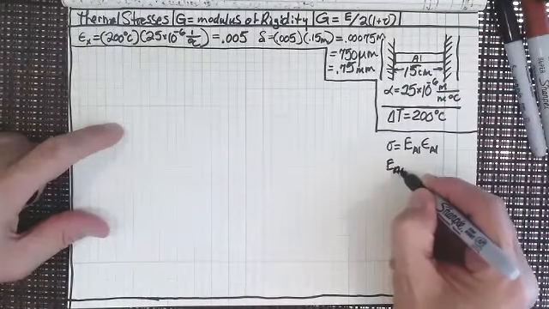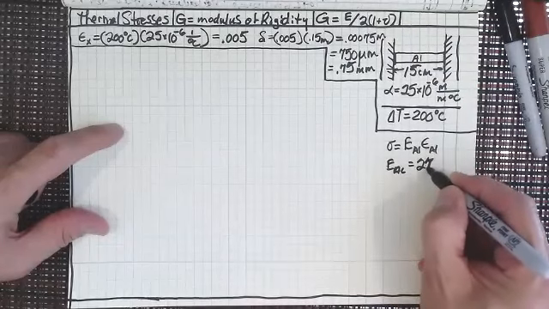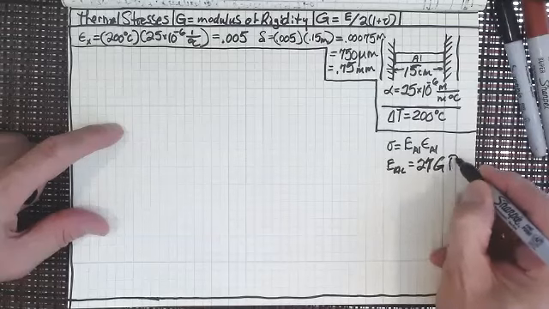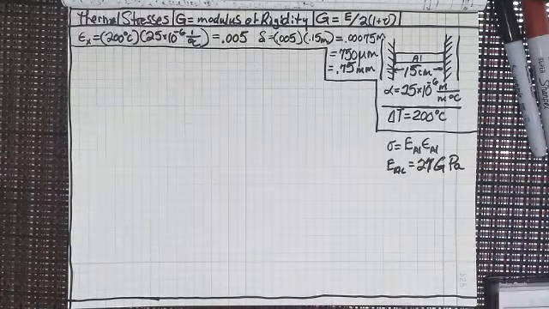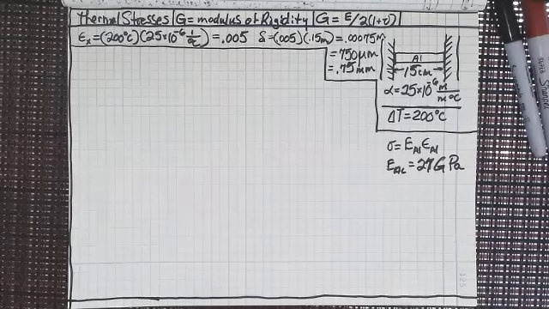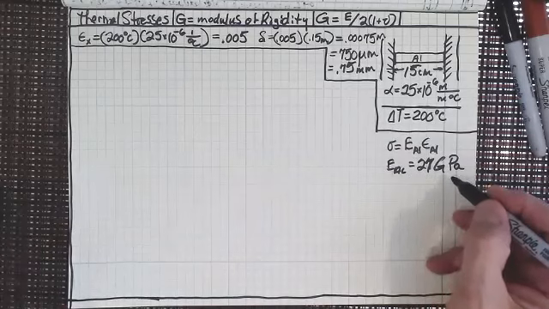E for aluminum is 27, that's a 7, gigapascals. I think I'm going to have to go to a new pen. This one's doing okay, though. Let's just see if we've got another one over here that looks like it's pretty good. How's that one? Oh, that looks real good. All right, so we know that that's it.